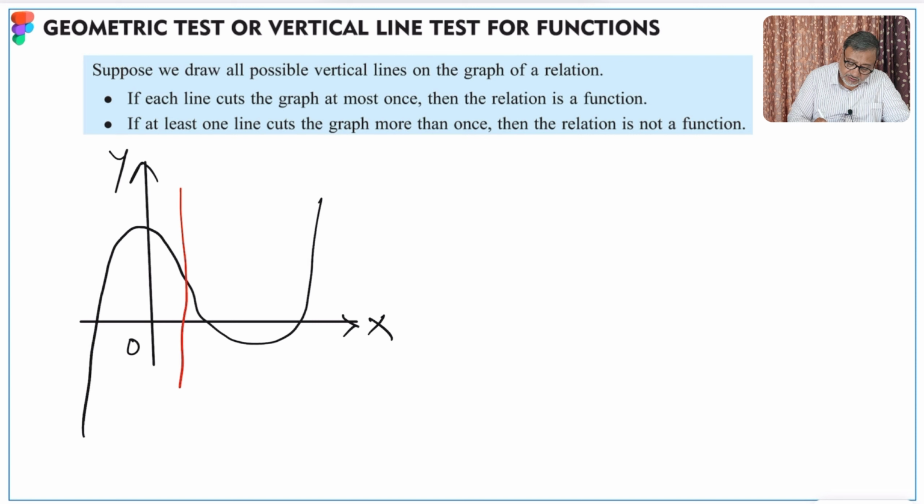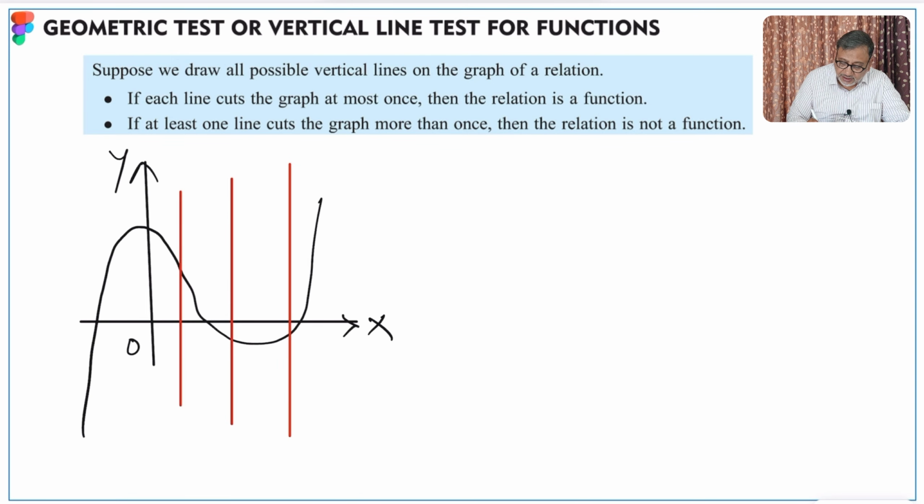If you draw a vertical line on the graph anywhere, not in a particular region or particular part of the graph, anywhere you draw the vertical line, it passes through at most one point, exactly one point. See, there are no 2 points. So this is a function. This is called vertical line test.